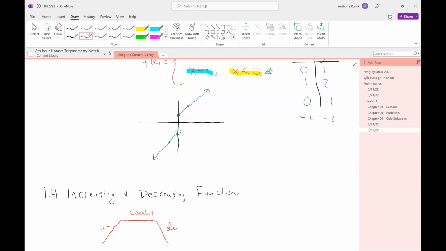That's constant. Because what's the graph of y equals 2 look like? Straight horizontal line, right? That's a constant function. Horizontal part of the graph is a constant. It's flat, has one value, just stays at that same value. Okay with that?